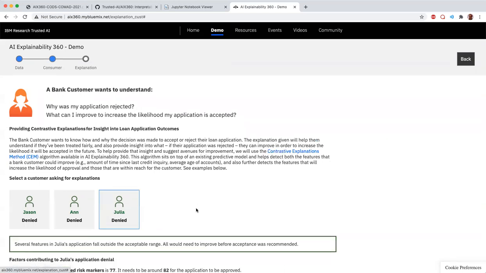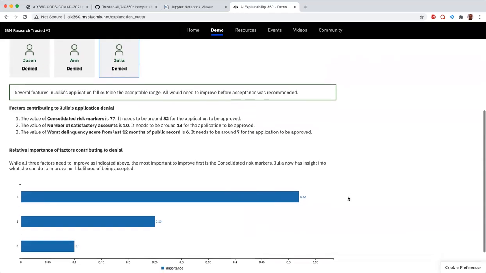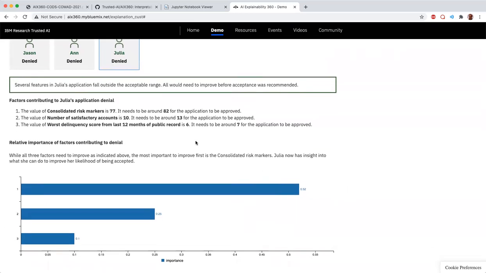So let's say, for example, Julia's loan has been denied. The algorithm essentially picks up the top features and shows the feature values which are not in the right range and how those feature values could have been changed in order for the loan to be approved.